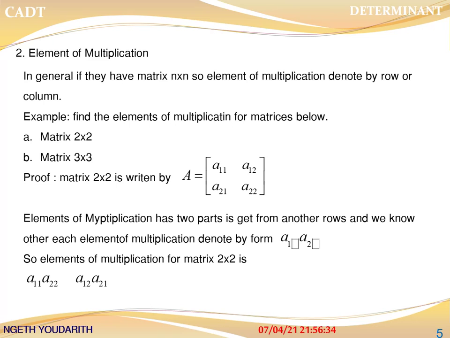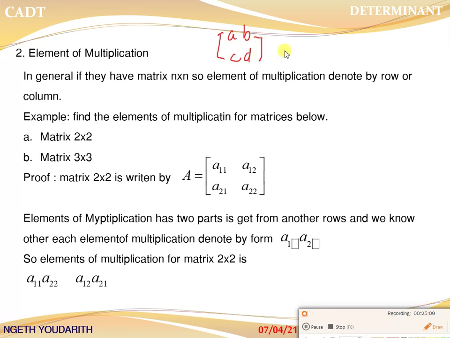It means, for example, if we have a matrix A, B, C, D, the determinant is equal to AD minus BC. This is what they call the element multiplication.